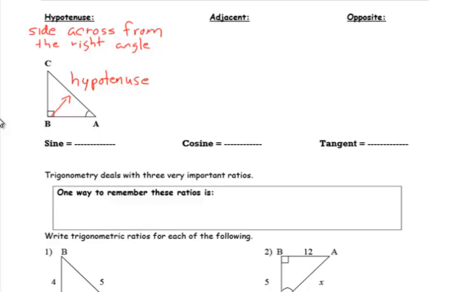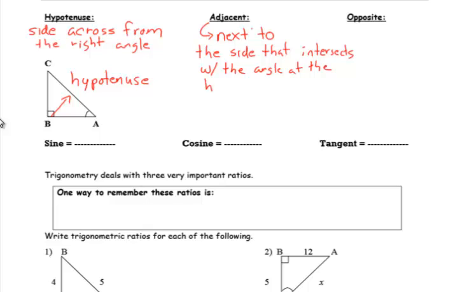When you see the word adjacent, it means next to. So an adjacent side is the side that intersects with the angle, other than the hypotenuse.